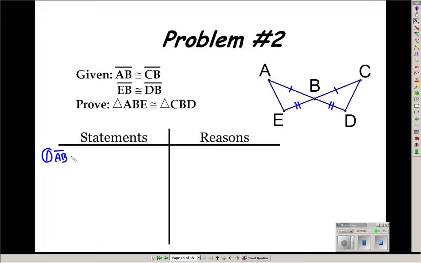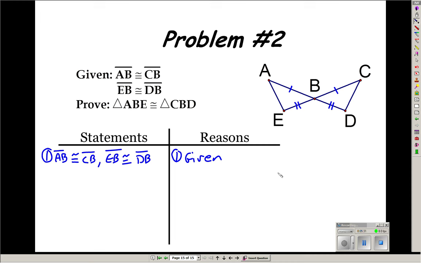Segment AB is congruent to segment CB, and segment EB is congruent to segment DB. And the reason we know that's true is because we were given that information. Now that's two pairs of sides, which is not enough to say the triangles are congruent.